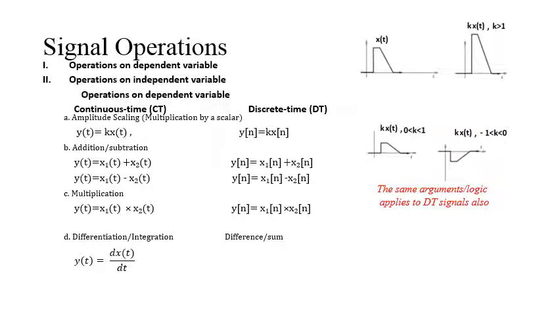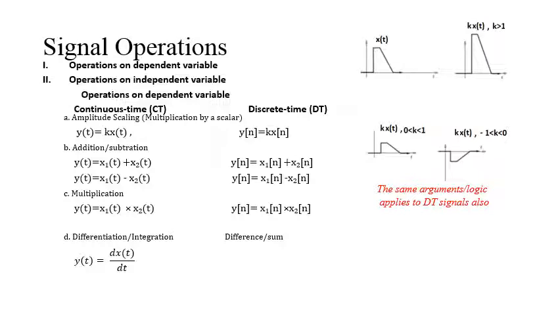So you understand the dependent variable is basically x of t or x of n, right? So based on the value of the independent variable we classify the signal into discrete time signal and continuous time signal, right? So in case of continuous time signal, the amplitude scaling is defined as k times x of t, right?